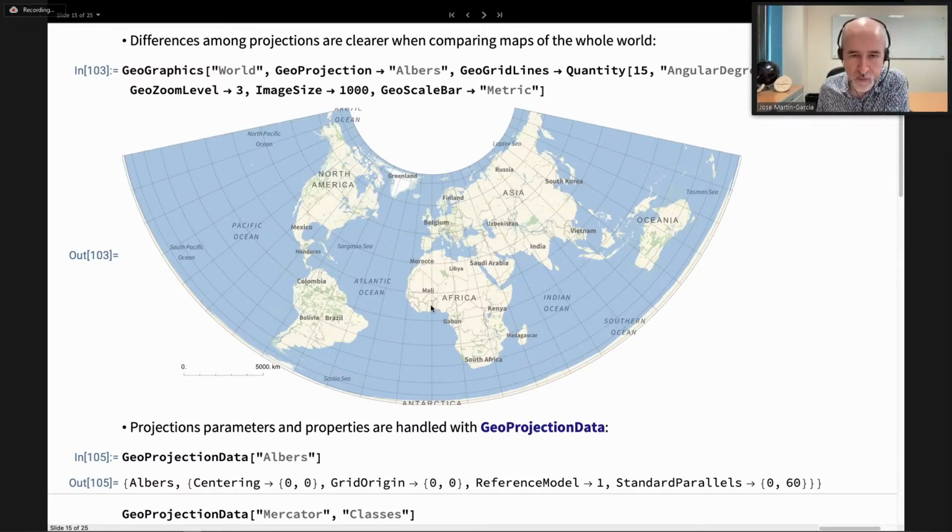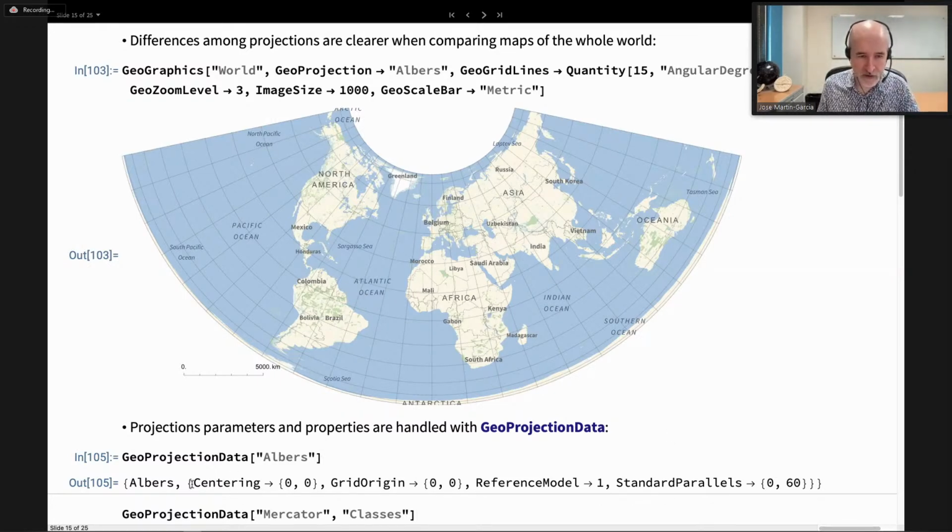It's the point of the map where the projection gets tangent to that cone that we were discussing before, would be tangent at that location, but would touch the Earth rather than being tangent. The grid origin, that's the coordinates of the projected map. Reference model, so that's to control the size of the map, and the standard parallel. So these are two lines here where the projection is especially good.